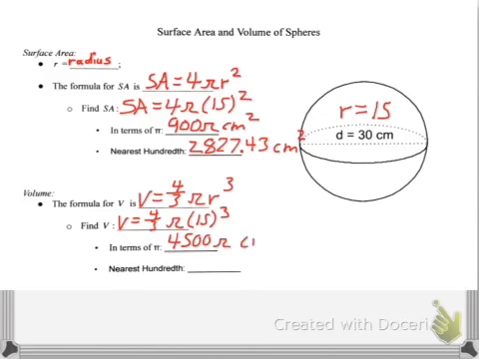We're talking about volume here, so that's in centimeters cubed. If we round it to the nearest hundredth, we just put 4,500 pi in the calculator. We get 14,137.17 centimeters cubed.